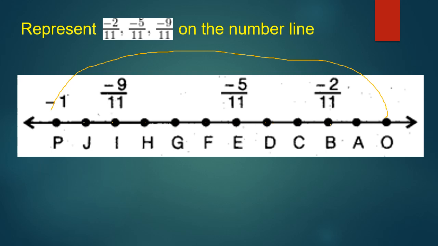This one is the 11th one. So the first part can be named as, let us name these points with the letters A, B, C, D, E, F, G, H, I, J, P respectively.